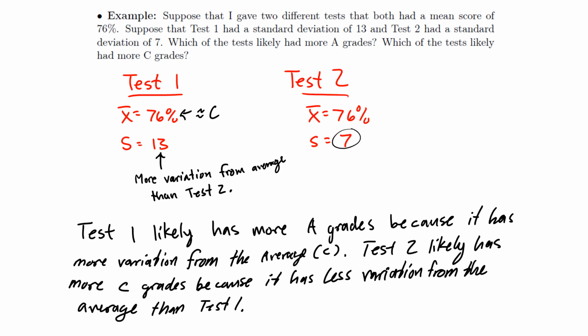And it's worth saying here that the standard deviation of 13 also could be due to lots more F's as well, right? And likely both. So this gives you a sense of, okay, here's what we're doing when we compute this standard deviation. It helps us start to make comparisons, and we're going to be doing this sort of thing quite a bit throughout the quarter.